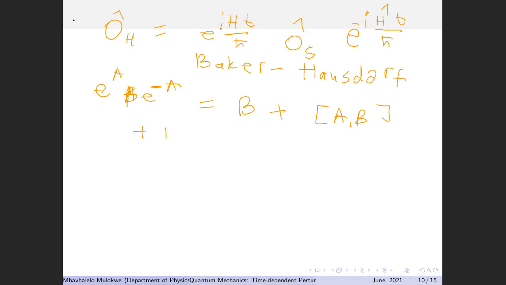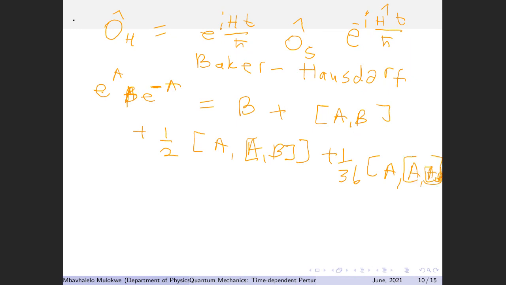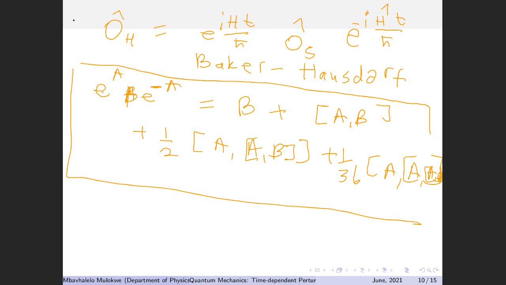So this will give you half the commutator of A with the commutator of A, B, plus 1 over 3 factorial the nested commutator, and so on for all types of nested commutators. You're just going to make use of this mathematical identity, but as you can see, you first have to find what these commutators are.